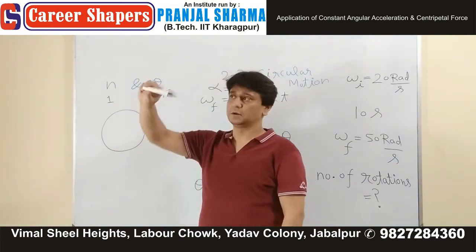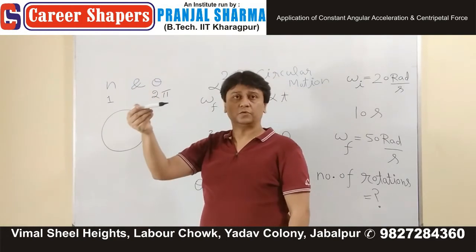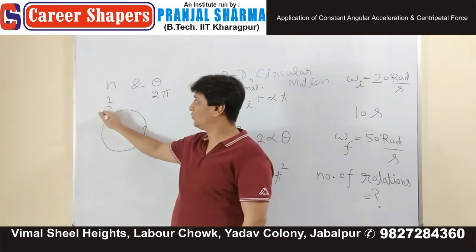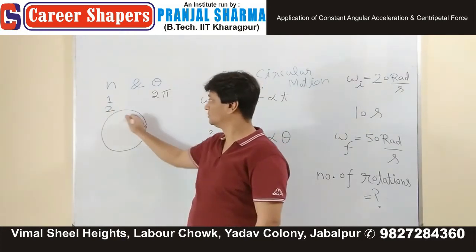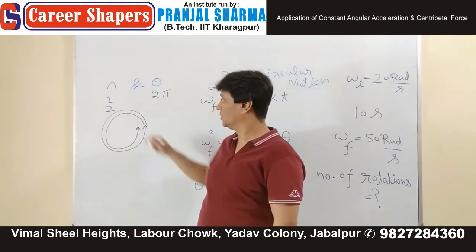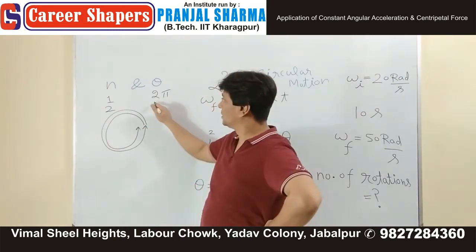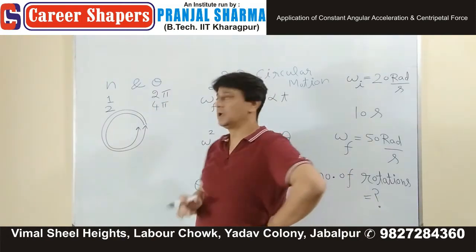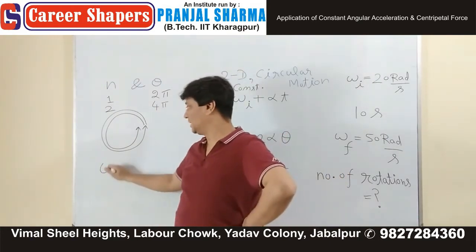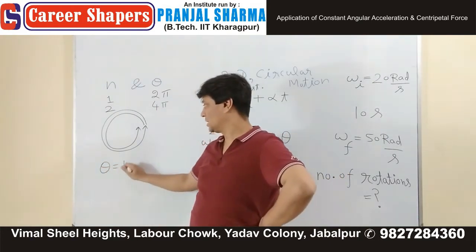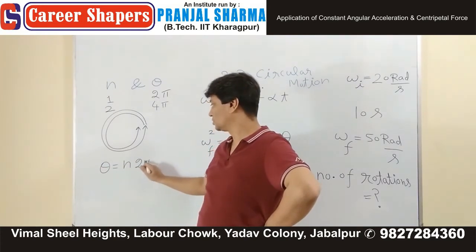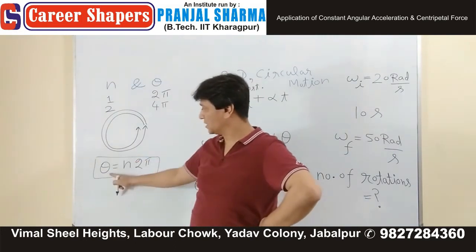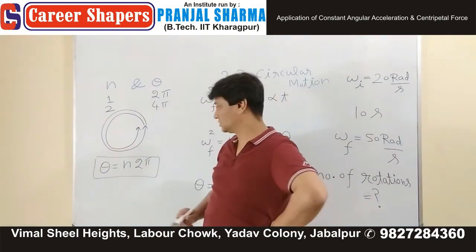One complete circle. What is this? 360 degrees or 2 pi. For two rotations, angular displacement will be what? 4 pi. And therefore remember this, theta is N times 2 pi. Relationship between angular displacement and number of rotations.